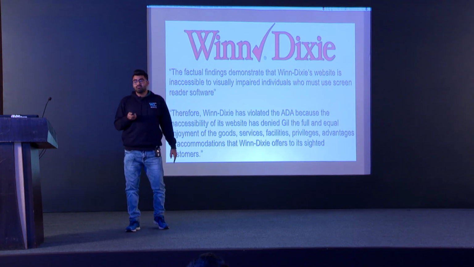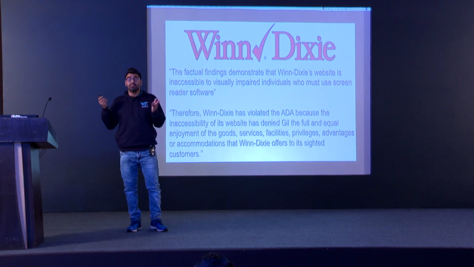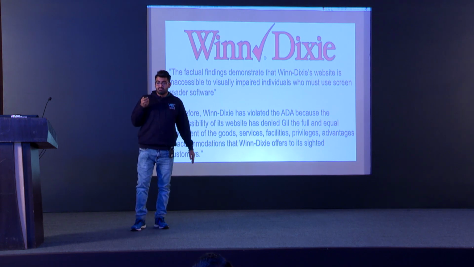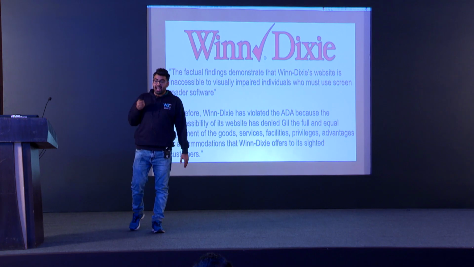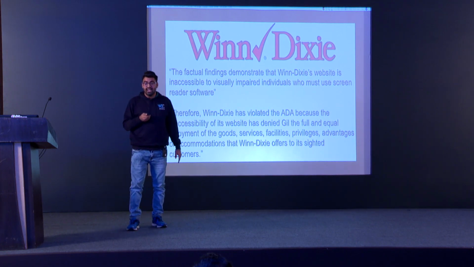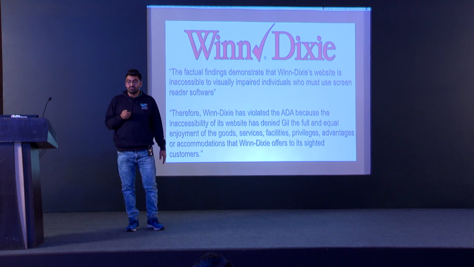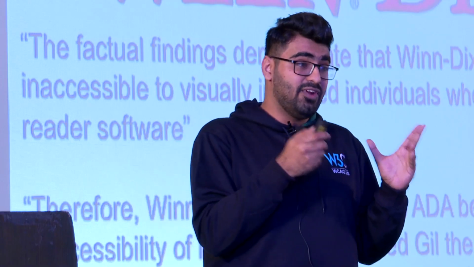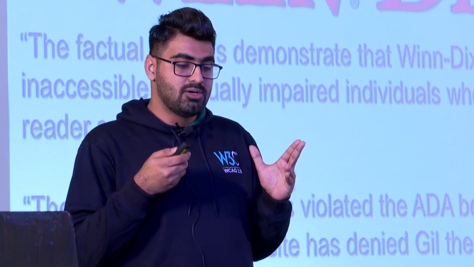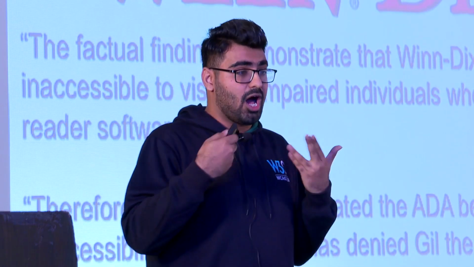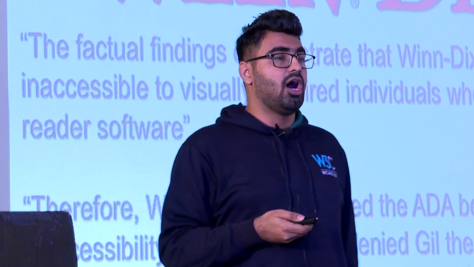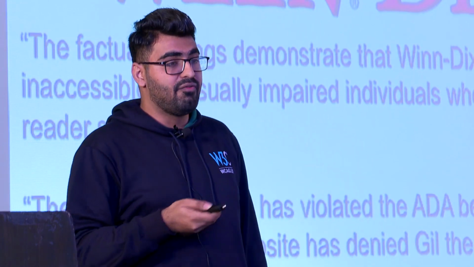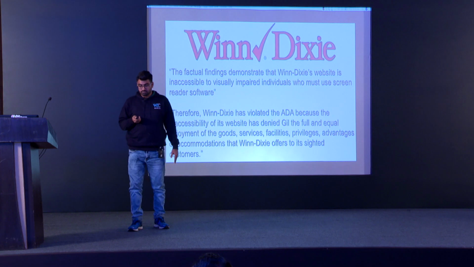But when the case of Winn-Dixie appeared in 2017, the court in the US stated that the Winn-Dixie website is inaccessible to visually impaired individuals, and therefore Winn-Dixie has violated the ADA. Winn-Dixie had to spend a lot of money again to make its website compliant, because it was forced by the court to make it compliant before coming to production.